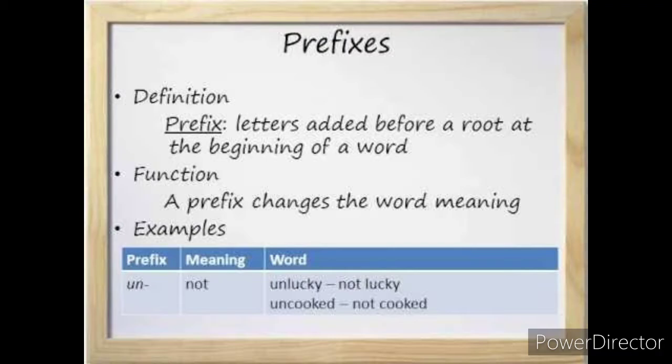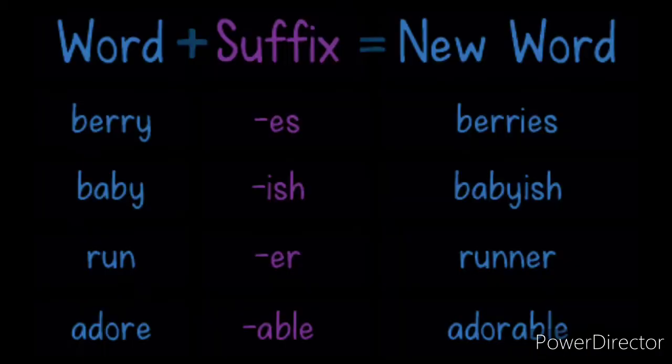Look at the example now. Children, listen carefully. Here the root word and the suffix together change its meaning completely as a new word. First word, look at here, berry. Berry is the root word and we are adding the suffix es.